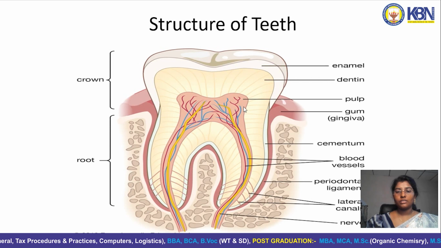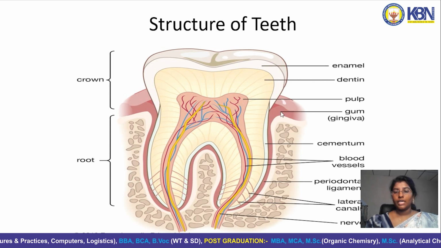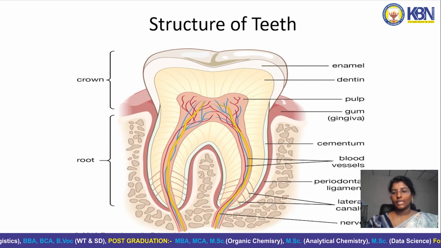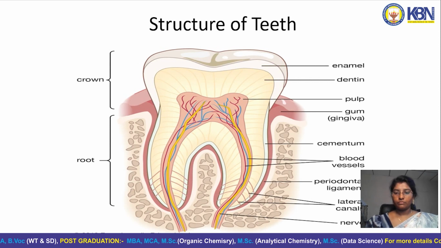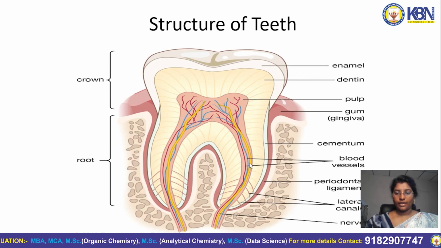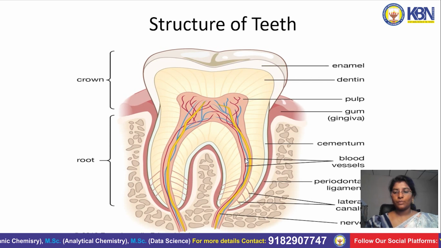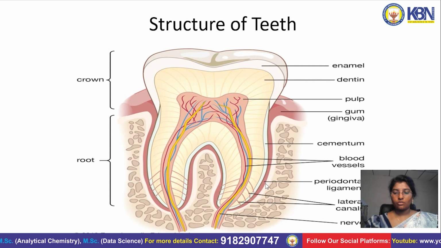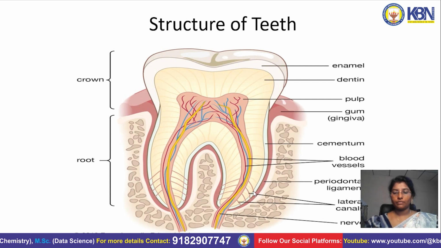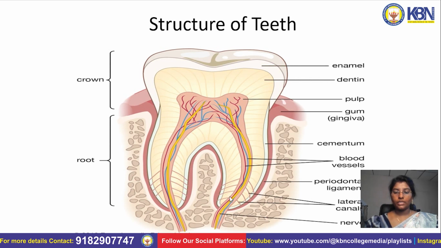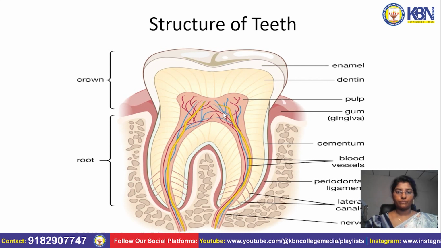In this region is the pulp region. Here is the gum region, which helps to hold the teeth tightly. The blue and red ones are blood vessels. This one is called the periodontal ligament, these are the lateral canals, and the yellow one is the nerve. This is the structure of a mammal tooth.